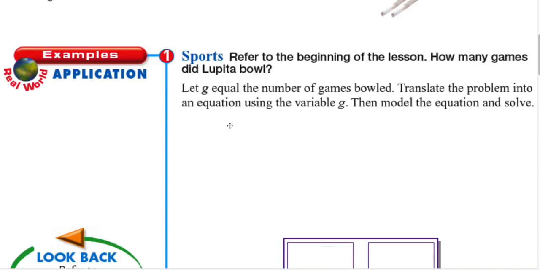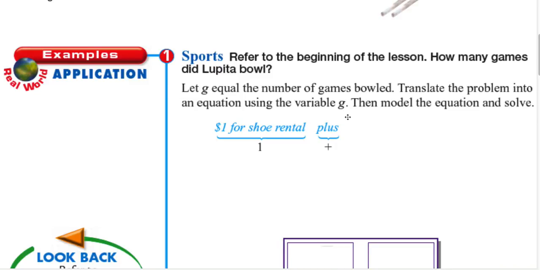We know for a fact that $1 for shoe rental was spent on bowling. The shoe that she rented was for $1. That's a constant. She already paid $1 for that, so it will not change. Plus, we want to find out the number of games she bowled, but we don't know the value of G. We know a game costs $2 each.